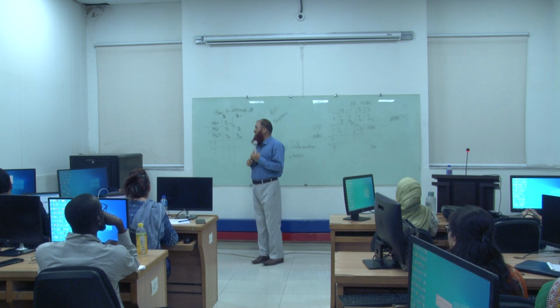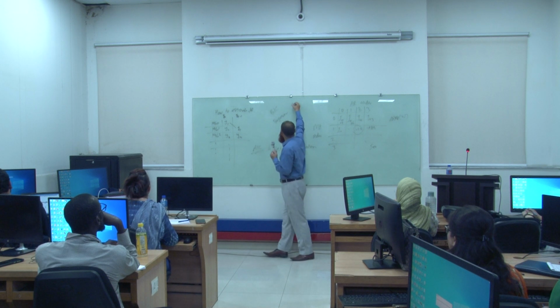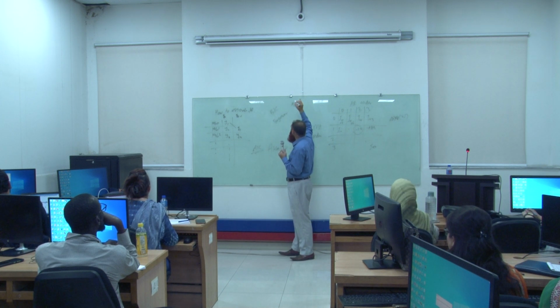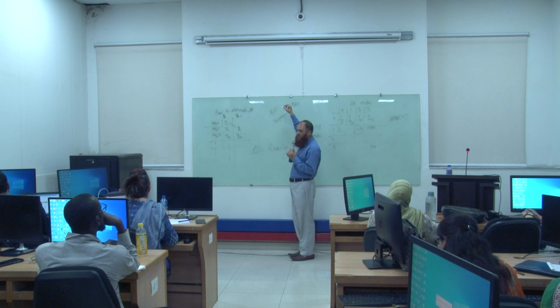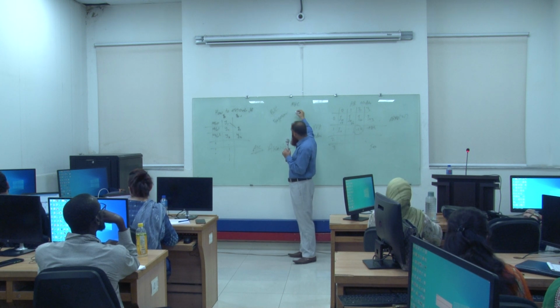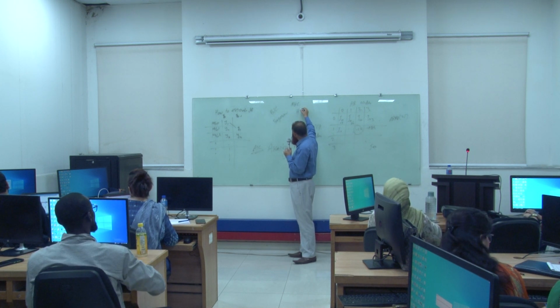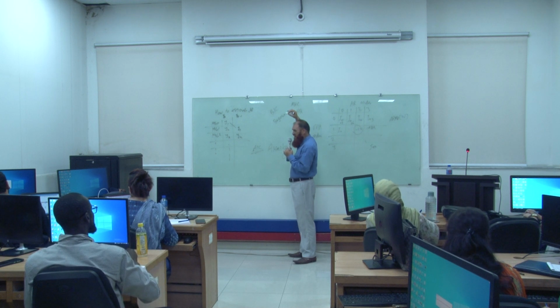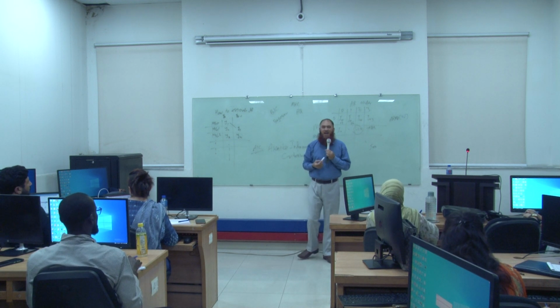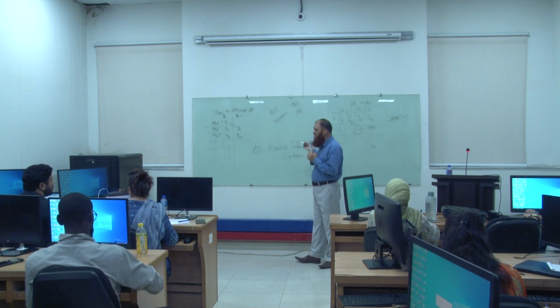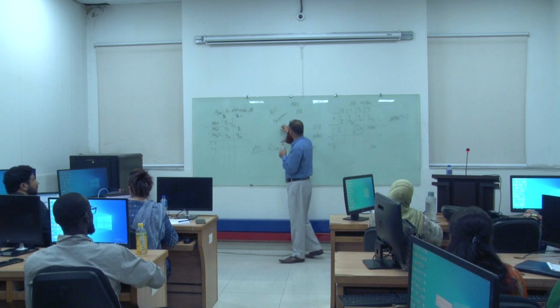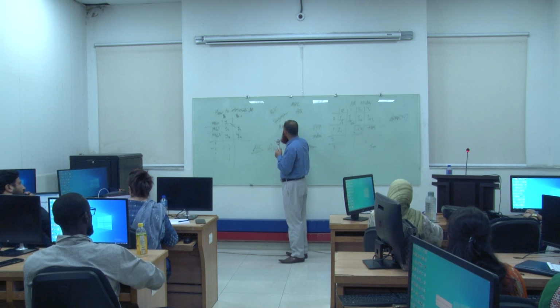And then there is MAIC. This is modified Akaike information criteria. And then there is Hannan-Quinn criteria. And there are many other criteria. And the root mean square error is also used as an information criteria.